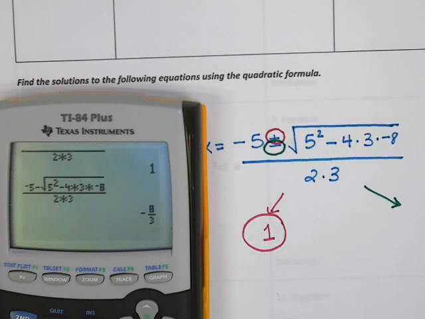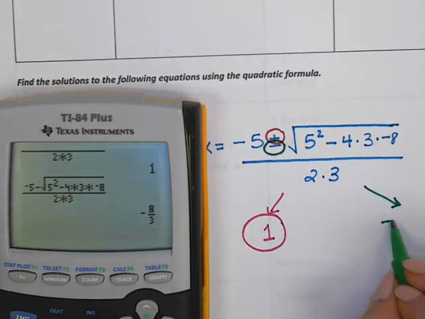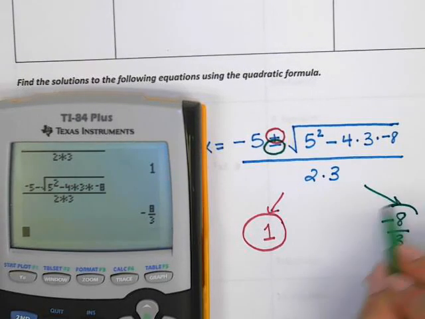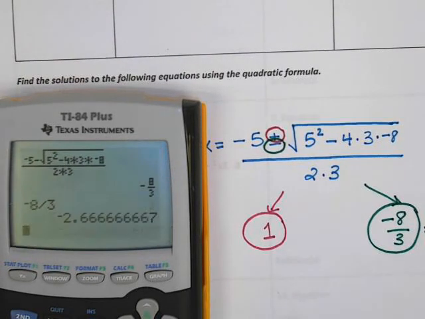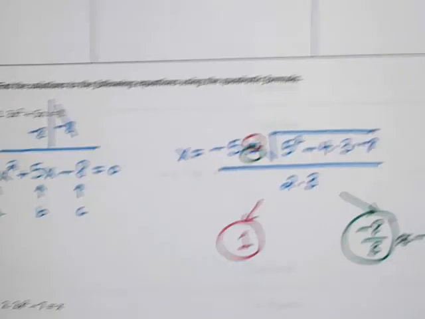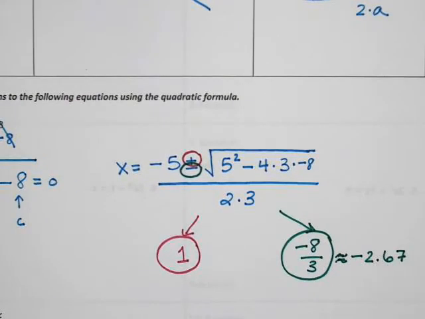And the second answer is negative 8/3. And if you guys want to get that as a decimal, negative 8 divided by 3 is negative 2.667. If you want to round, it's up to you guys. Oh, sorry, you can't see that. All right, so that is the quadratic formula. It solves any quadratic.